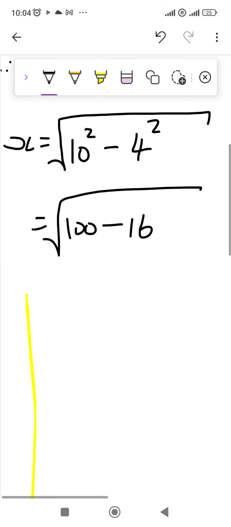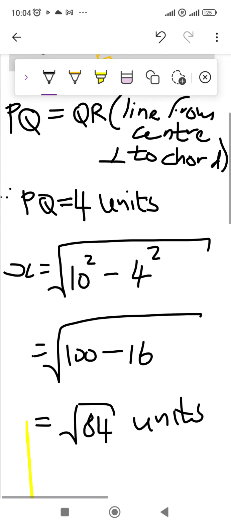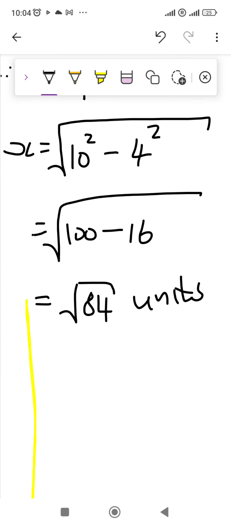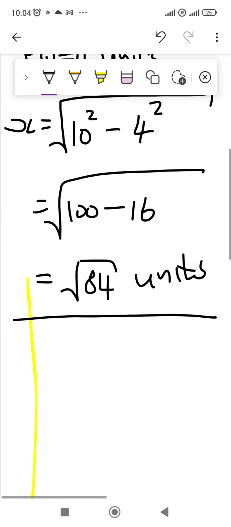So 100 minus 16 is the square root of 84, and you can put that in your calculator and we'll say units. Right, so that is the value of X. That is not the simplest form. You go ahead and find the simplest form. I don't have my calculator. So that's our first one. I think let's leave the second one for the next video.